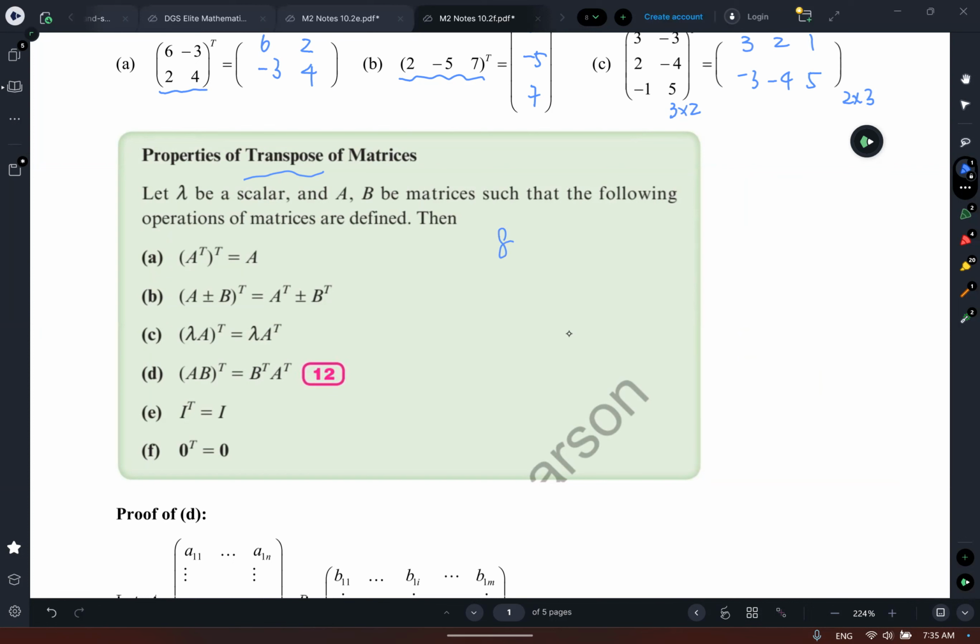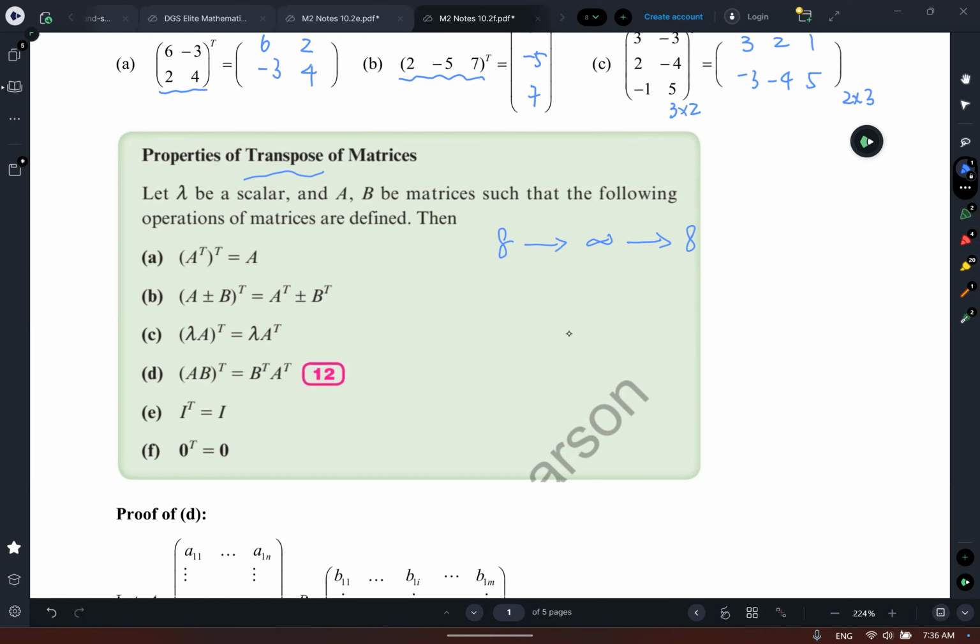It's like 8 transposed to infinity and then transposed back to 8. It's the same. Now, in the textbook, I don't think the proof is written. I think it's obvious. The second one: the transpose of an addition or subtraction is equal to the addition or subtraction of the transposes.